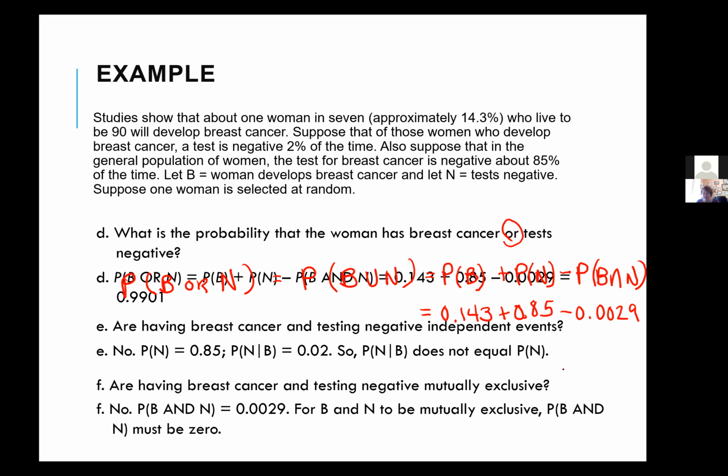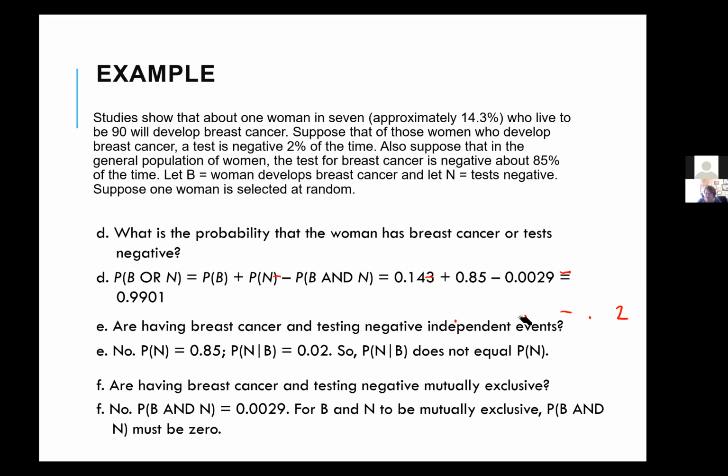Okay, so here, this is an example of finding an and or an or type probability given some information. What you're given is two probabilities and then a conditional probability.